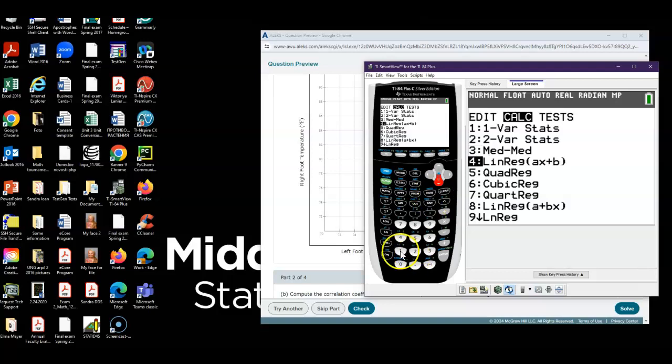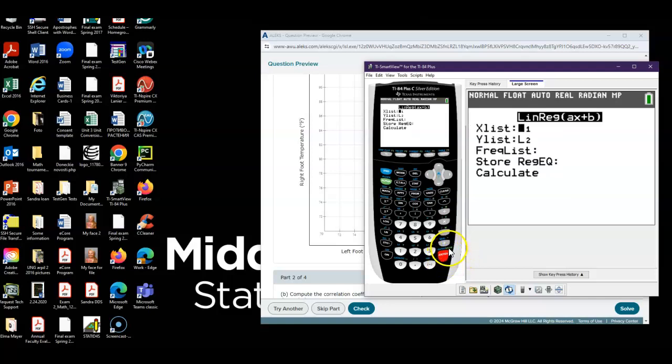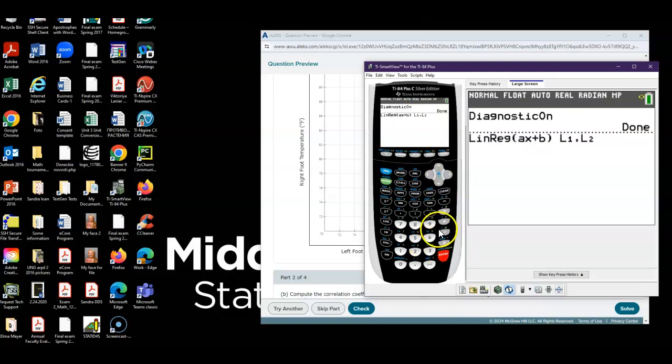You can just press 4 on your calculator, or scroll down and enter. Here you have to tell where your list for x coordinates is. It's in L1, left foot. Remember, y is L2. Frequency we don't have. Store regression equation is optional if you want to graph.